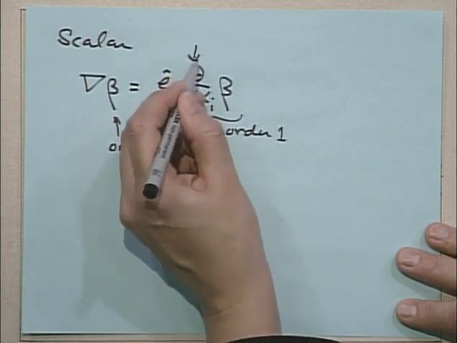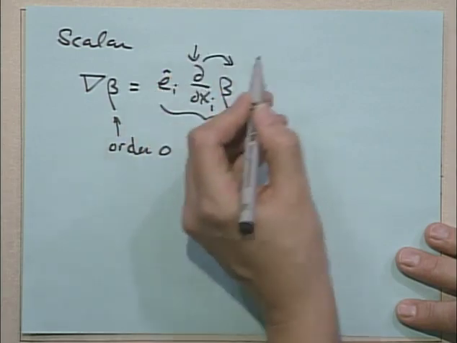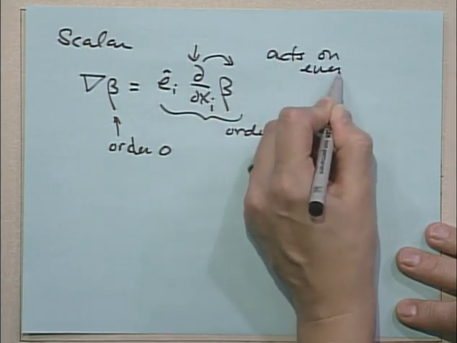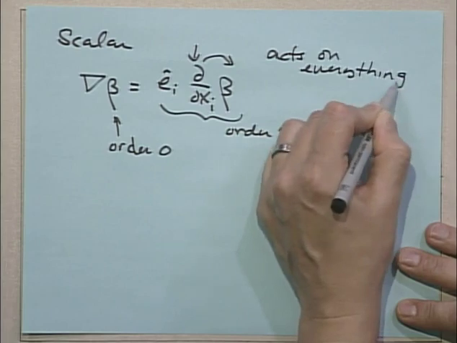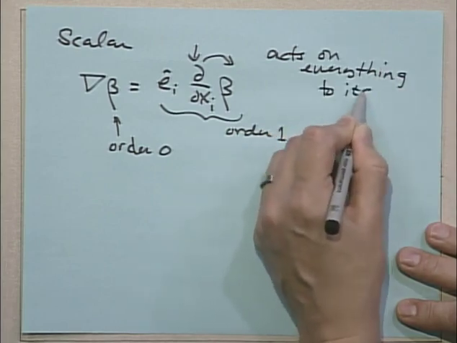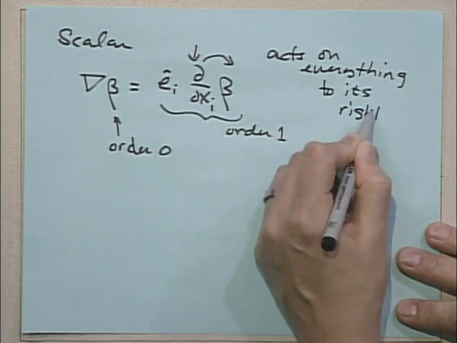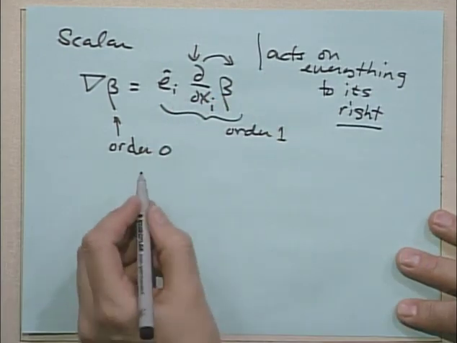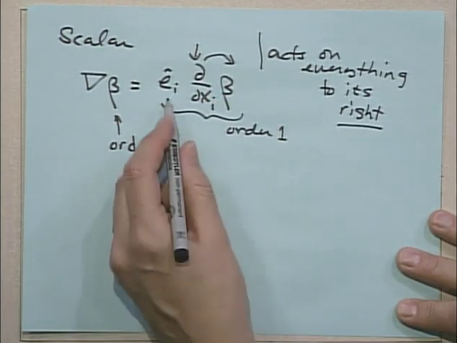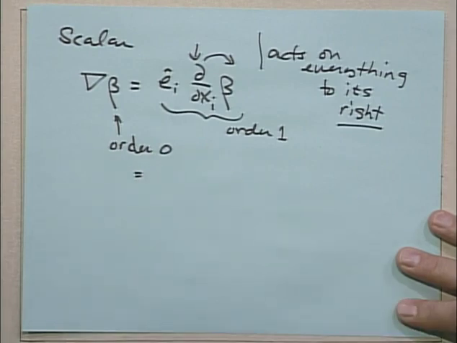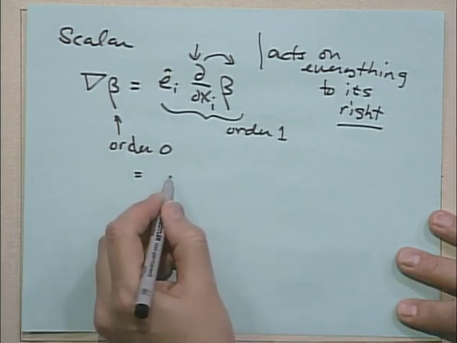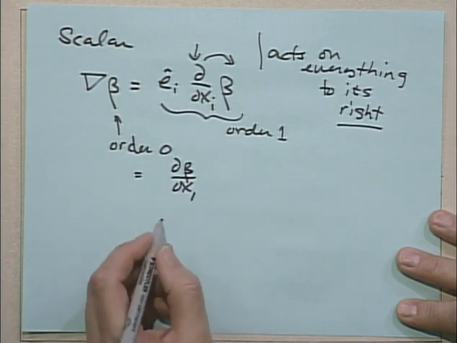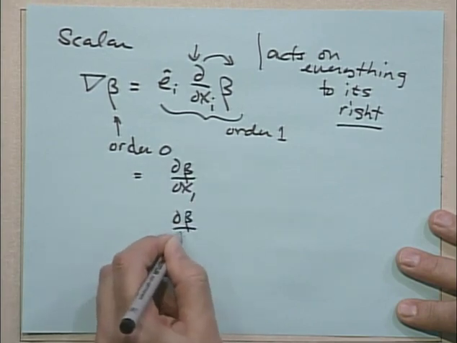This partial derivative operator acts on everything to its right. That's important. And so what is this? This is a vector. It has 3 components. It has a 1 component, which is d beta dx1. It has a 2 component, d beta dx2.